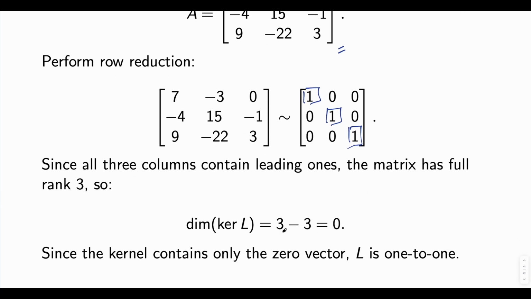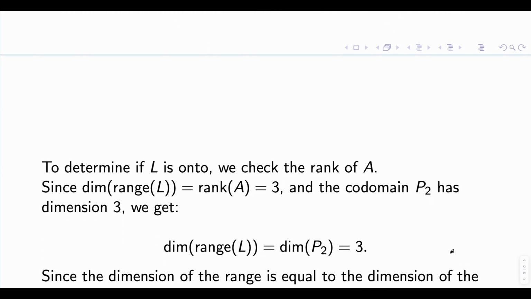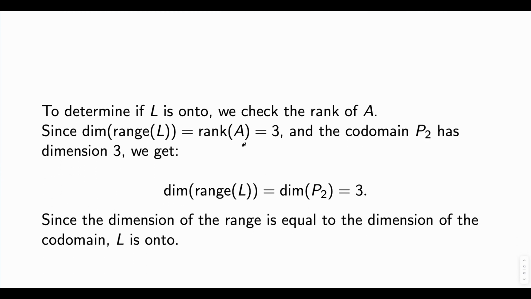So the dimension of the kernel is n minus 3, so 3 minus 3 is 0. So this map is 1 to 1. Only the 0 vector is in the kernel, and also the dimension of P2 is 3, right? So the dimension of range is equal to the dimension of W, right? So this map is also onto.